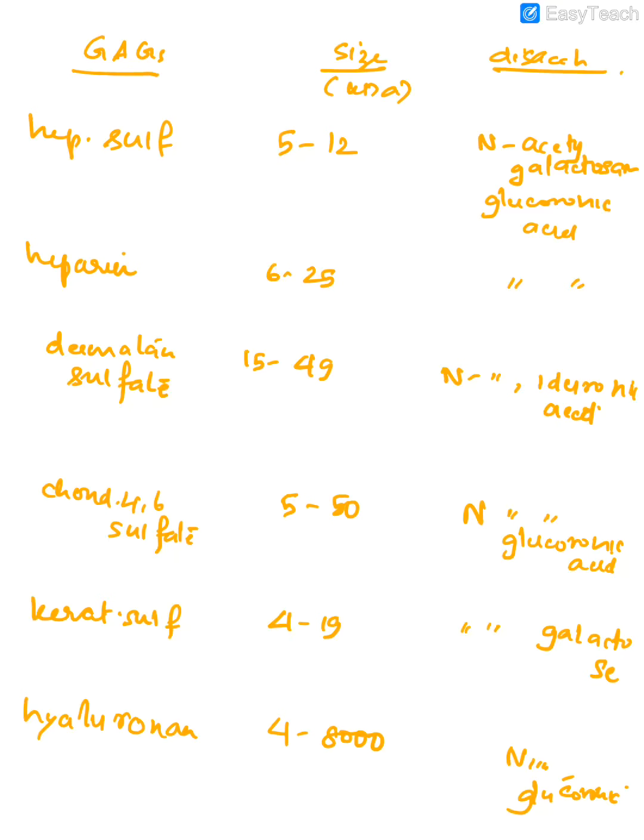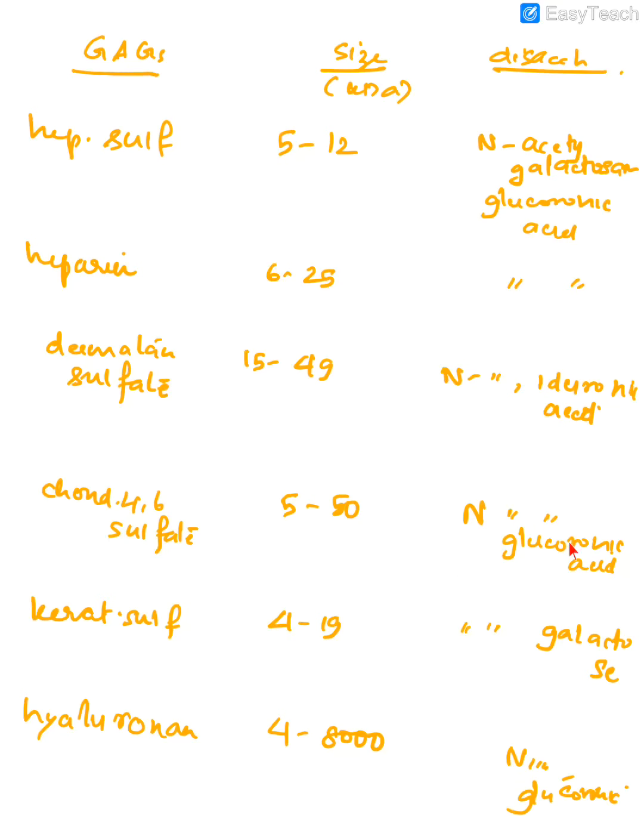Now this is a table which is there in Kanski. This table shows you the glycosaminoglycans, their size in kilodaltons and the disaccharide contained in it. As you can see, the first part is N-acetyl galactosamine and the second part differs. In heparan sulfate it is glucuronic acid.